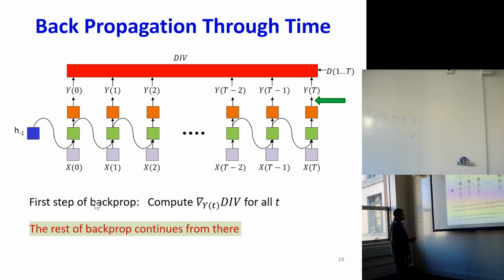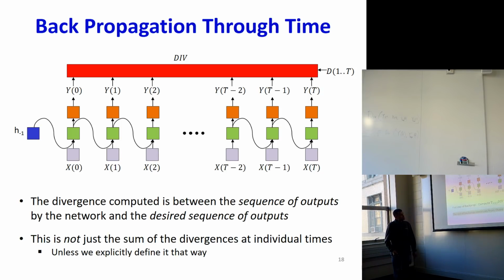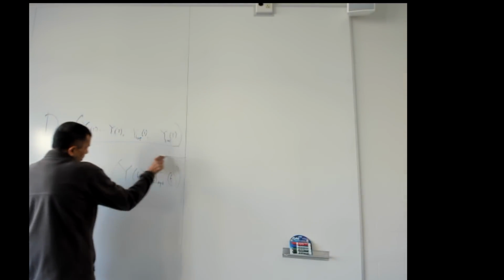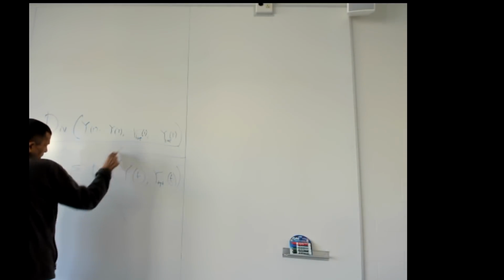Anyway, so the first thing is, once you define the divergence, the first term we want to compute is... although the divergence does not break down in this manner, right? This doesn't hold.